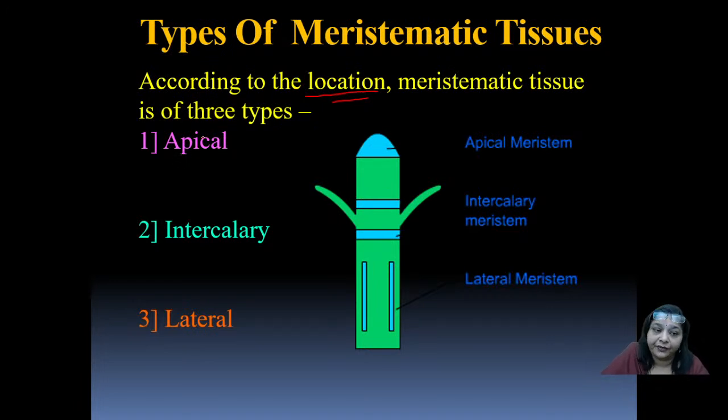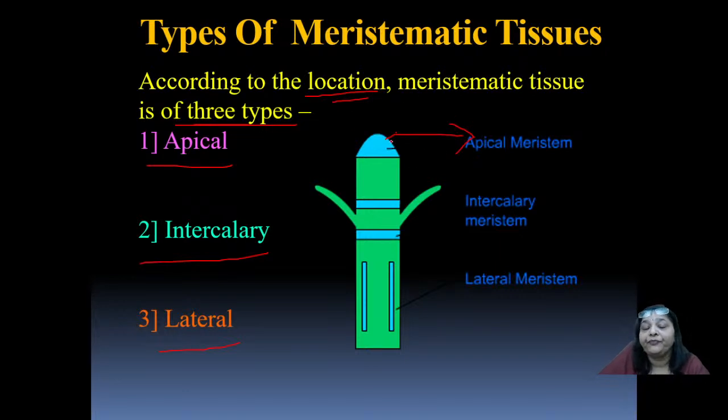They are the apical meristematic tissues, the intercalary meristematic tissues, and the lateral meristematic tissues. So we term them apical meristem, intercalary meristem, and lateral meristem. Apical meristem, you can see this is the apical meristem here.